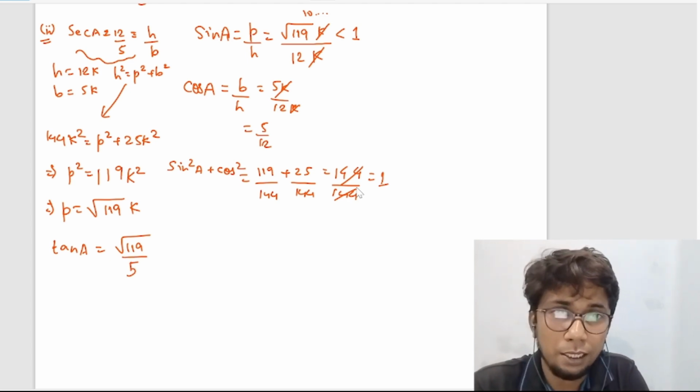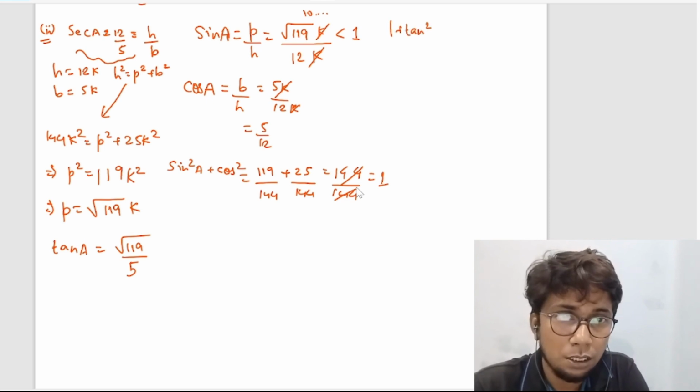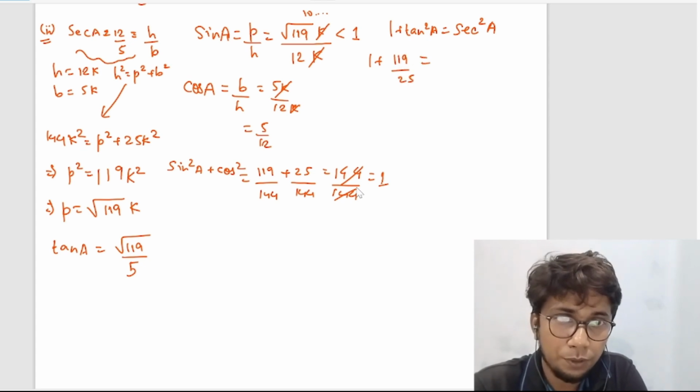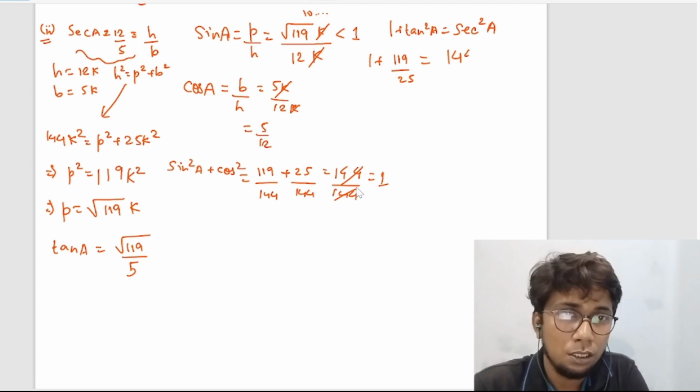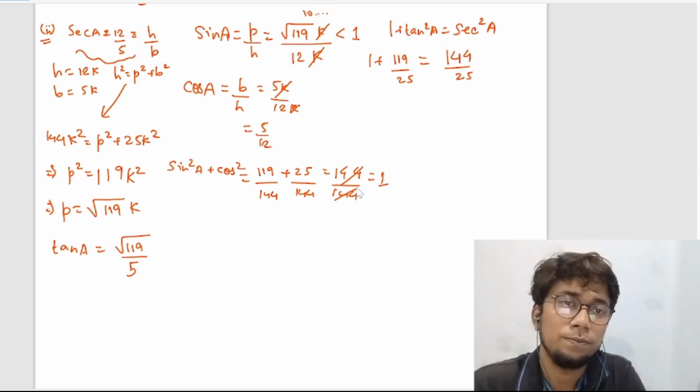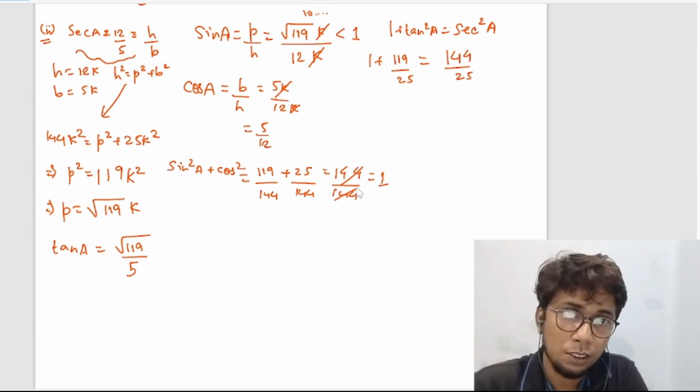We know that 1 plus tan square A is sec square A. So here, what is 1 plus tan square A? 1 plus 119 by 25. This is what? 144 by 25. This will be sec square A. This means sec A is nothing but 12 over 5.